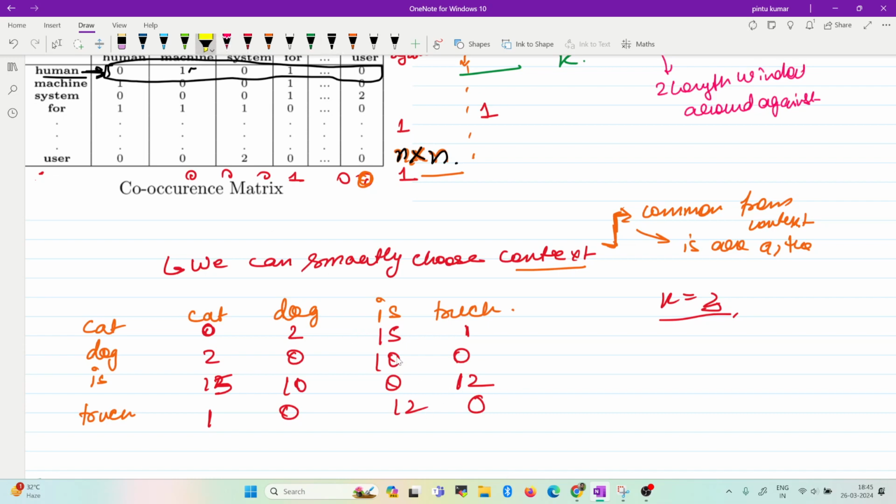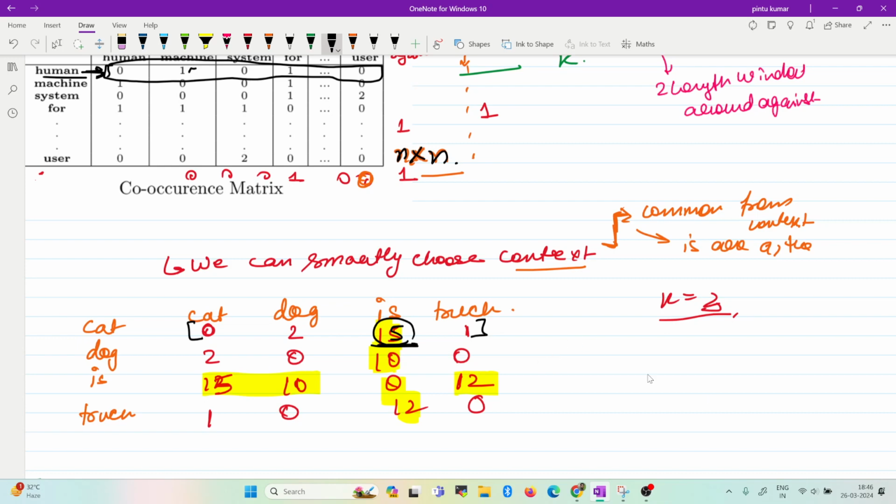Now if you look, these entries are very large compared to your other entries. So whenever you are doing some underlying task, let's say later you want to classify based on these vector representations that you have got, this is the vector representation of your cat. It is highly skewed, so it will be highly influenced by this particular value 15. We don't want this to happen.